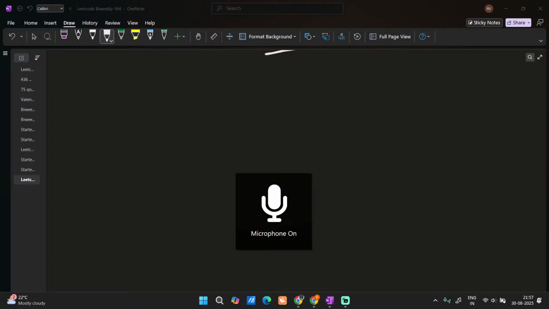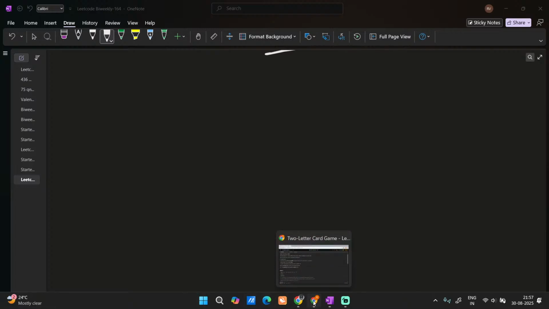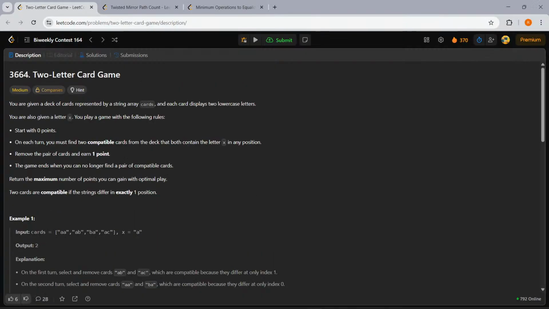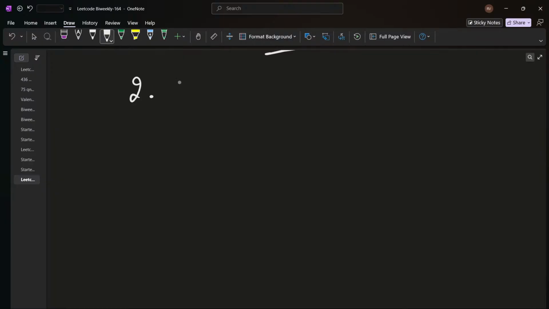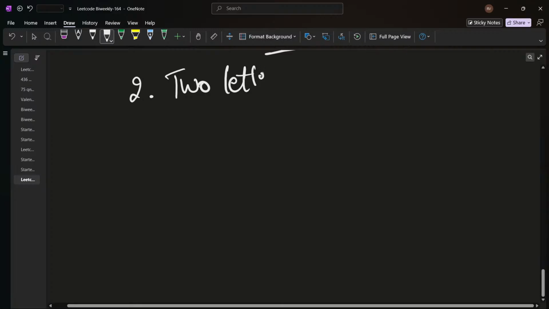Okay, so the second question, what is the title of the question? Two-letter card game. Second question is two-letter card game.